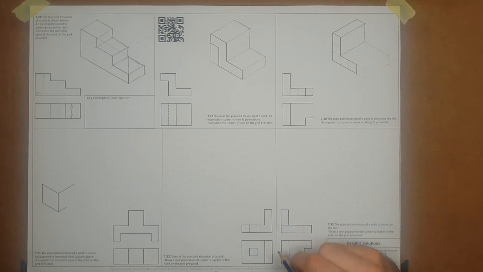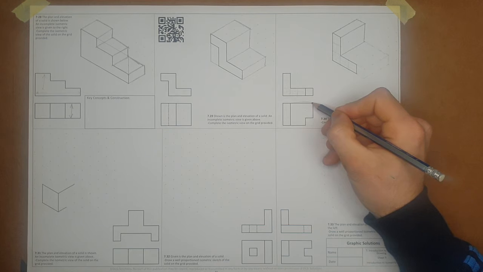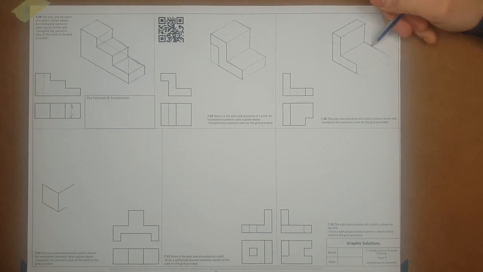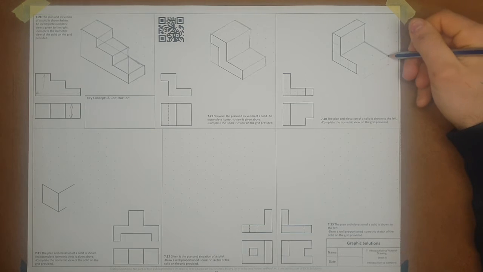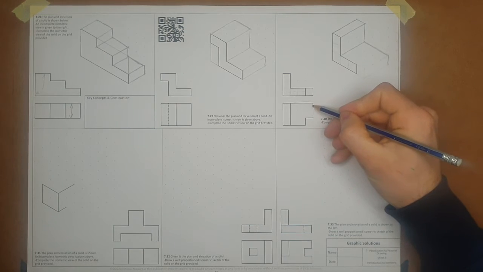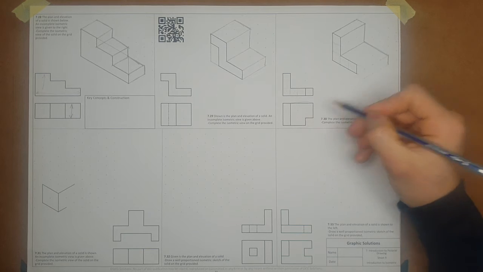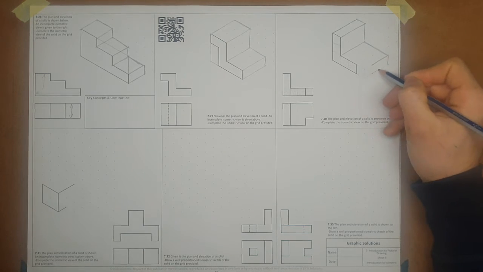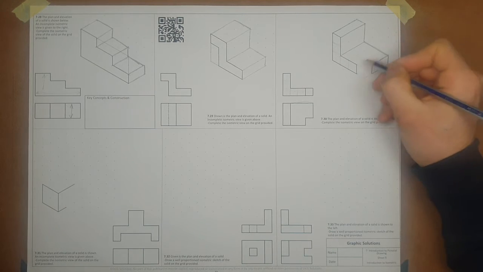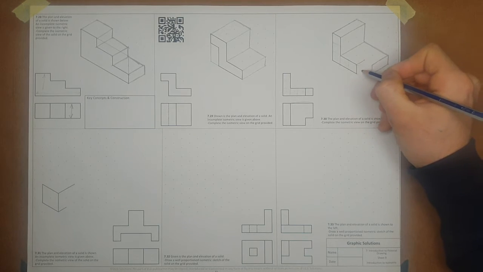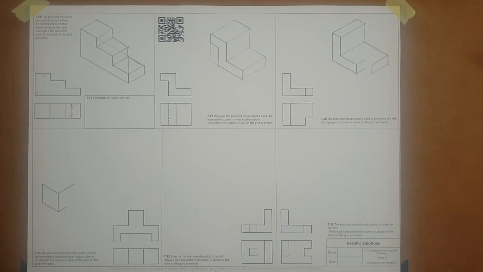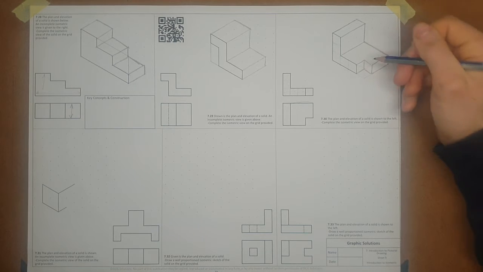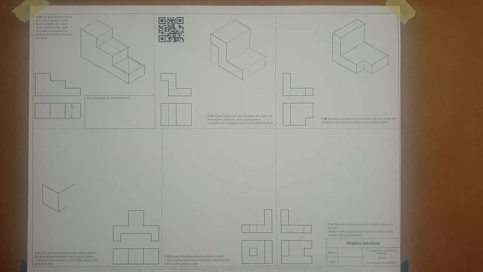That whole step at the back can be heavy. The full back edge along here can be put in solid lines, and this little front edge here is solid. It comes out by 2, and then we cut the corner off. We take a box off. So it comes out by 2, and then we take a box off it there. That's that one complete.